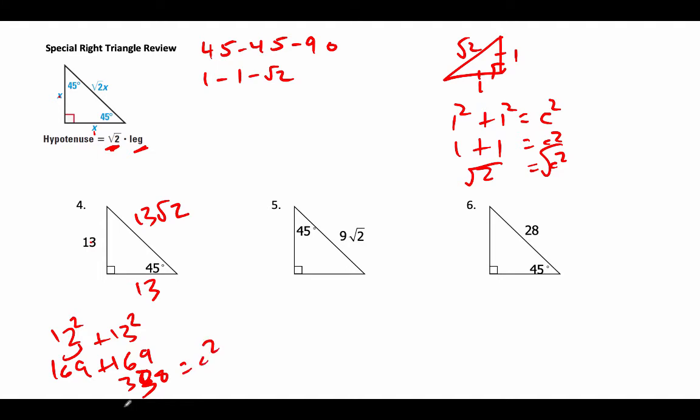If that's equal to c squared, I take the square root, and I have the square root of 169 times 2. That's where the 13 root 2 comes from, and it will come from that every time.